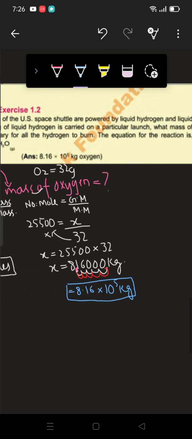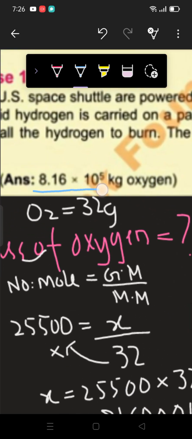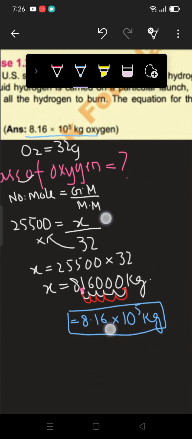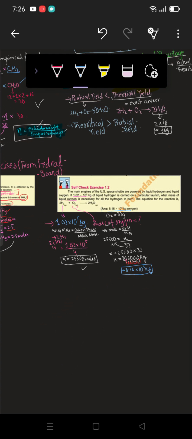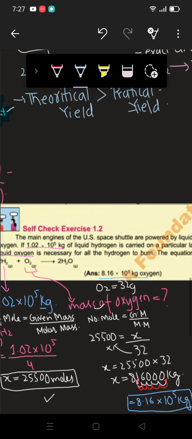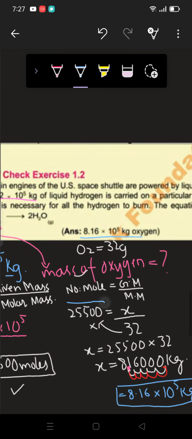So let's check this answer: 8.16 into 10 to the power 5 kg. It means our answer is 100% right. What we did was, we were given the mass of one substance, one reactant. By that we found the number of moles, and we put that number of moles here to find the mass of another reactant.